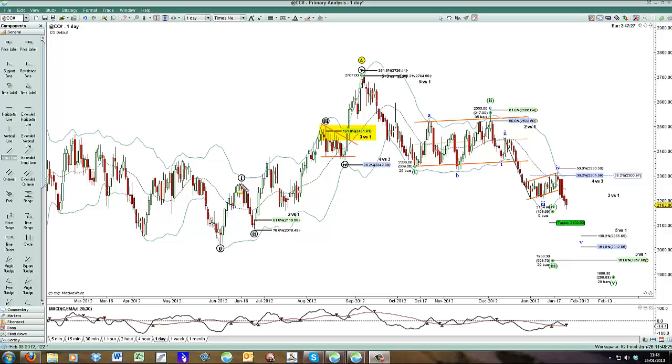So this distance here, I'll just highlight that distance there, multiplied by 1.618, and then you take that from this point here and you simply add it, and it takes you up to this 1.618 level here.